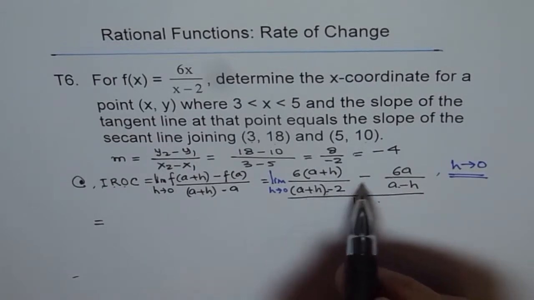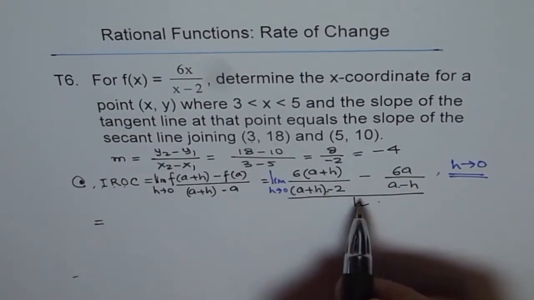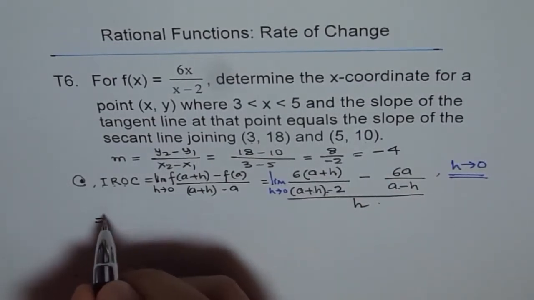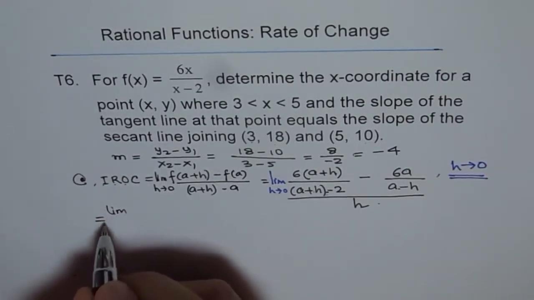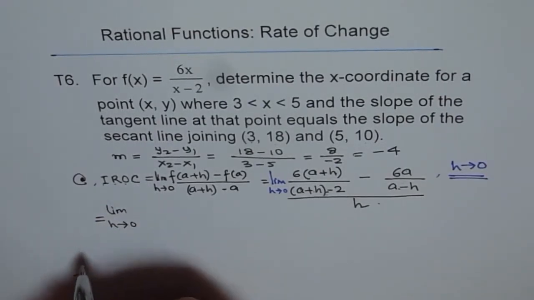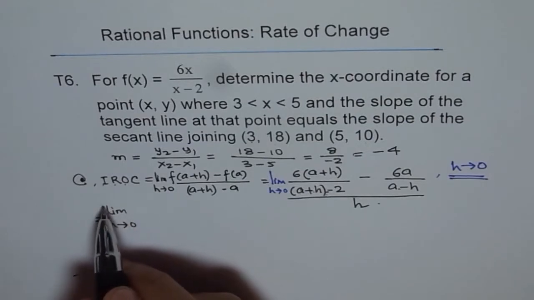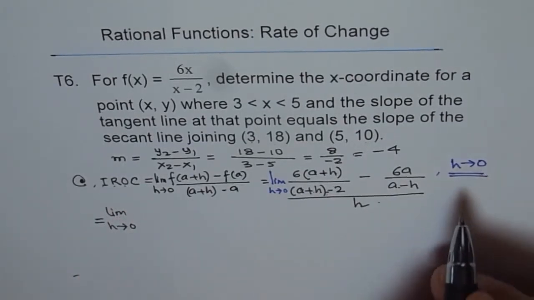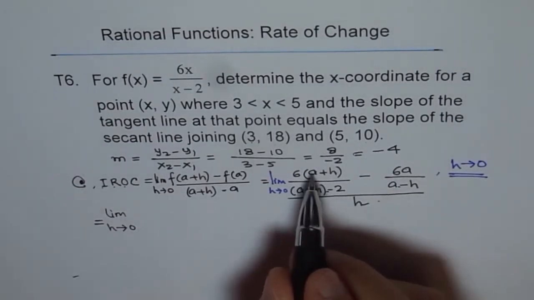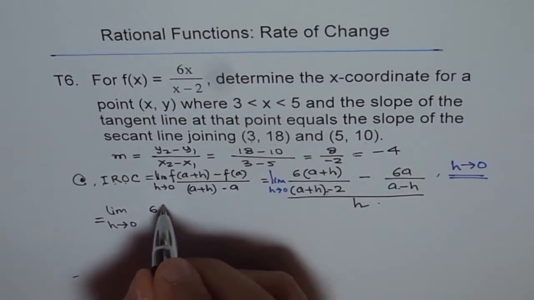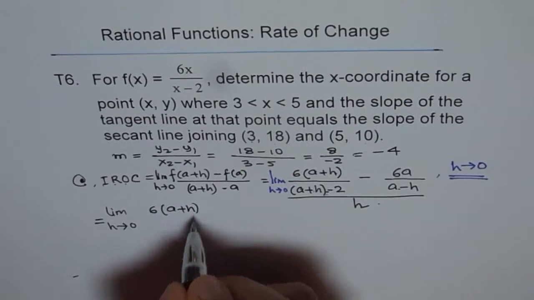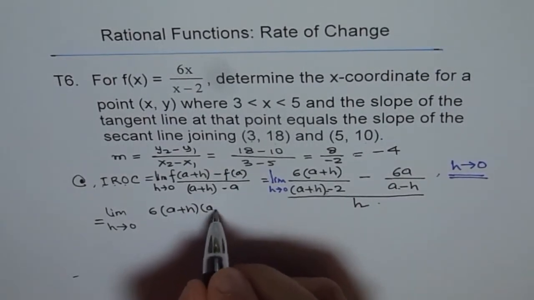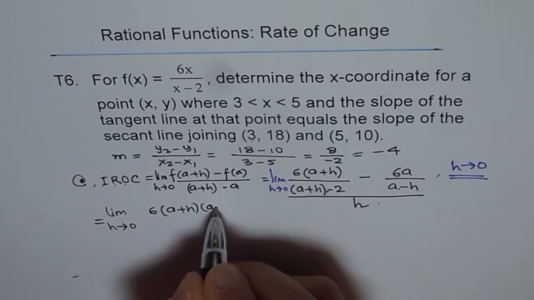So I write limit h approaches 0. Those of you who are scared of this, just forget about it and think h is very small. Now let me cross multiply, and I get 6 times a plus h times a minus h.